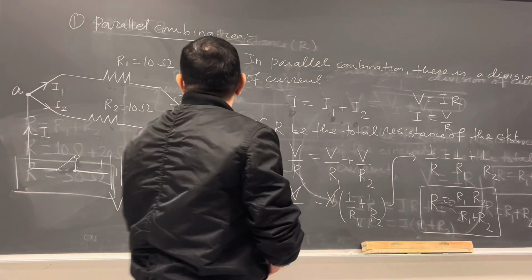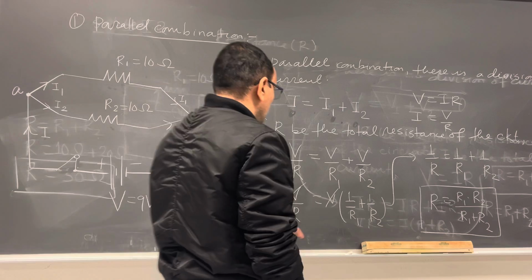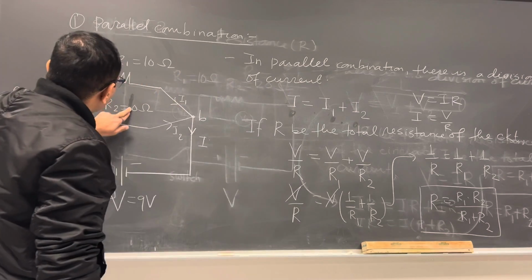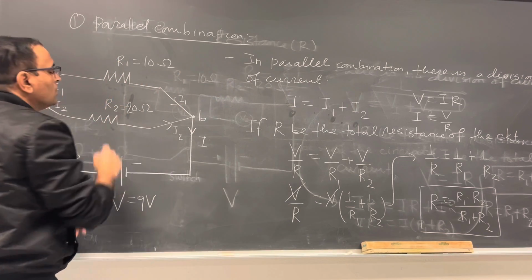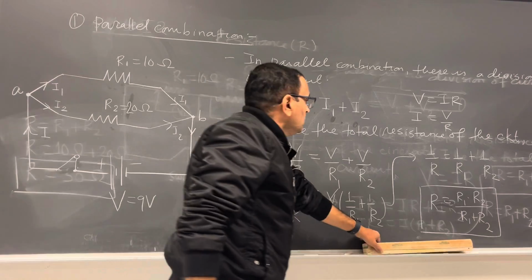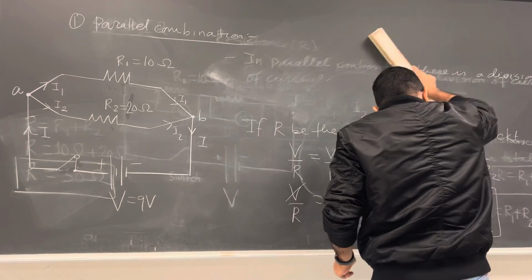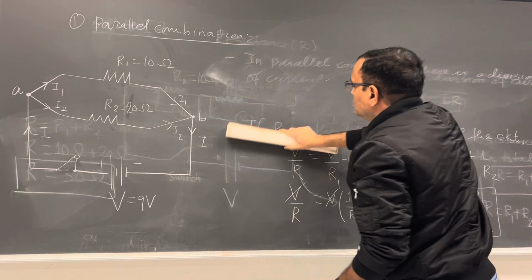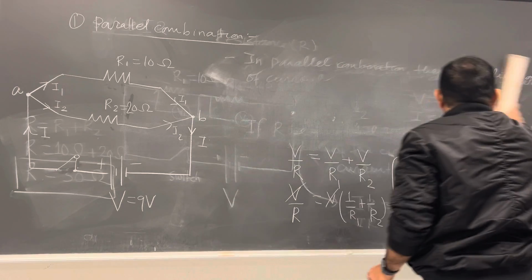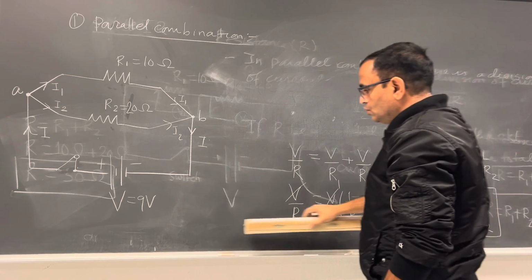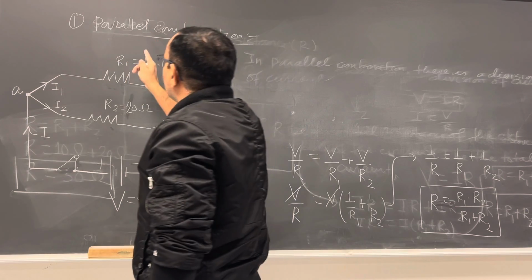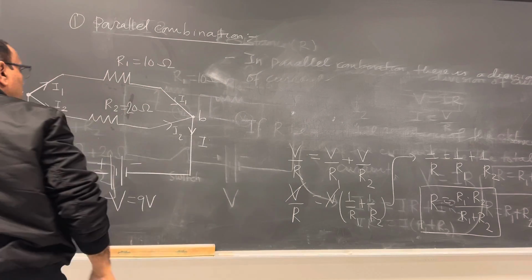Then in this case, if R1 is 10 ohm and R2 is, let me make a change, let me make it 20 ohm, okay. Then we calculate the total resistance here. Of course, we can do this easily. I have two resistors here. R1 is 10 ohm and R2 is 20 ohm.